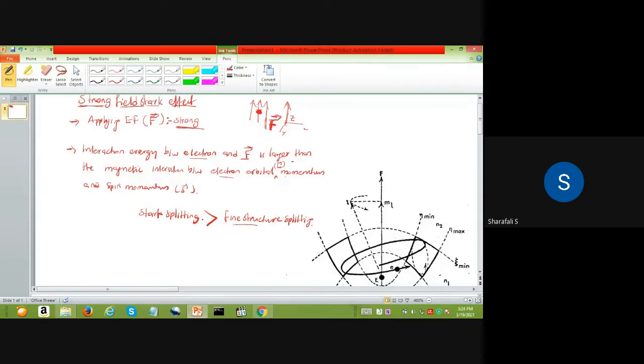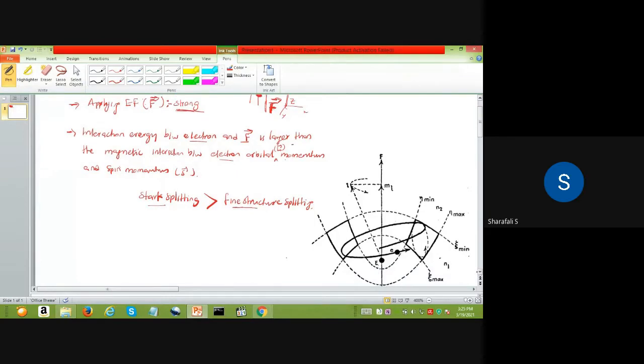Fine structure splitting comes from the magnetic interaction between L and S, the orbital angular momentum and spin angular momentum, but the Stark splitting comes from the electric field interacting with the electrons.